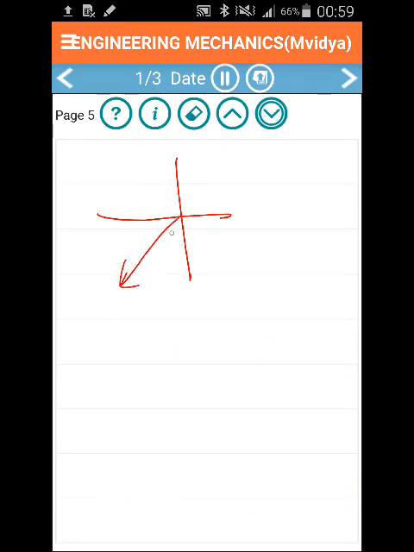If I have both negative, so my angle θ would be this, because it is FRy upon FRx.